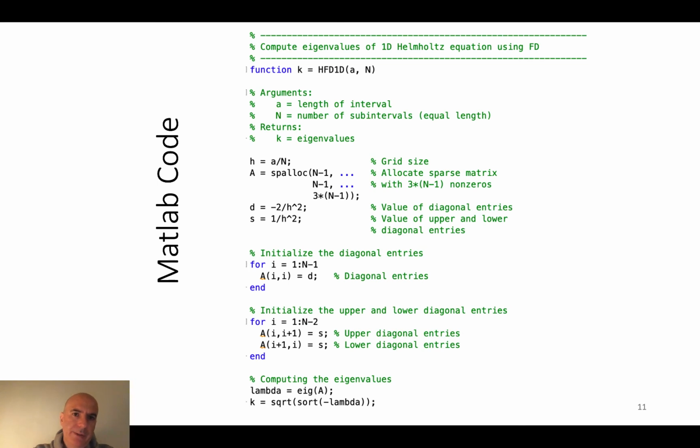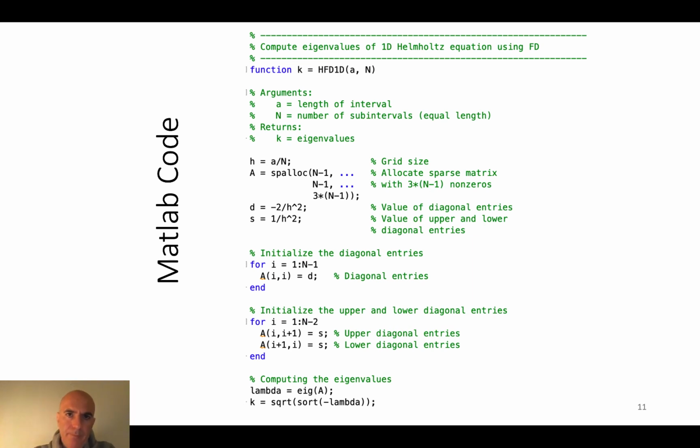So let's look at a simple code to calculate the eigenvalues of a 1D Helmholtz equation using finite differences. The whole point of this exercise is actually to form the matrix A. We saw that this matrix A is sparse and is composed of three diagonals. So we allocate our matrix in sparse format using the spalloc function in MATLAB. Then we initialize the diagonal entries and then the upper and lower sub-diagonals.